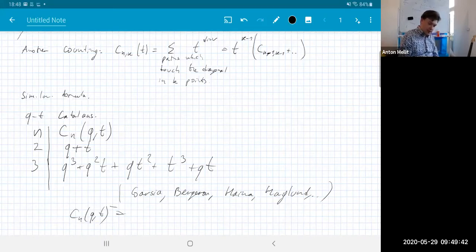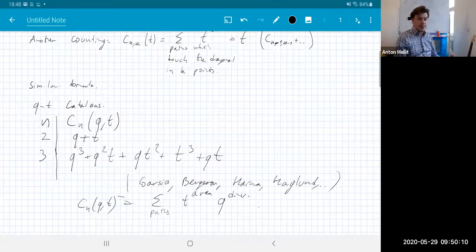You have some statistic where you get t to the area and q to the dinv. So a very interesting thing: it turns out to be symmetric with respect to q and t, which is somewhat mysterious. And this is how the shuffle conjectures begin.